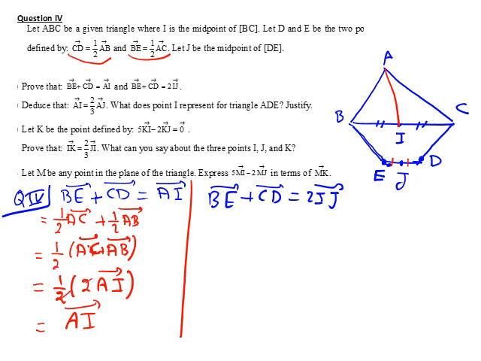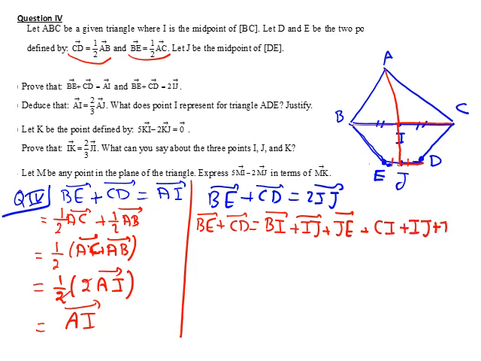Begin from BE. BE plus CD. BE is BI plus IJ plus JE, using Chasles' rule. And CD is CI plus IJ plus JD. So the sum equals BI plus CI plus 2IJ plus JE plus JD.